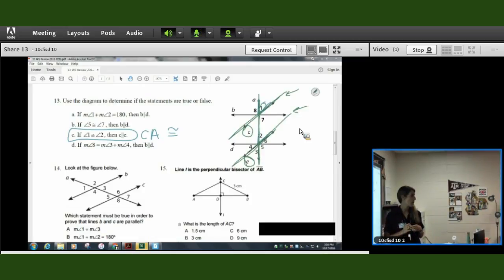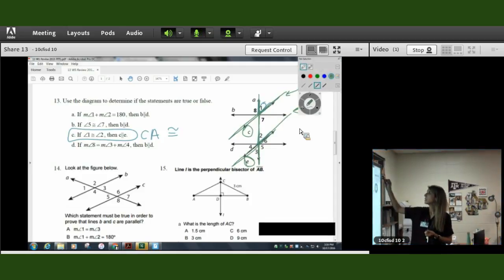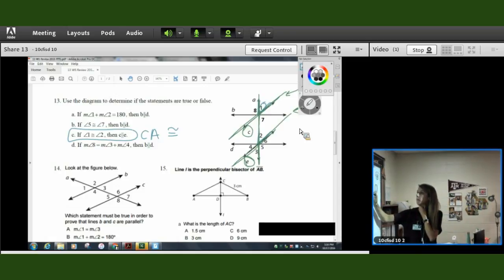But how would you know that it wasn't B and D? The way I know is that if I had white out, could I get fancy? As I erase line B, is angle 1 still fully there?